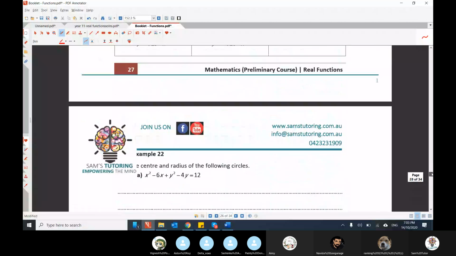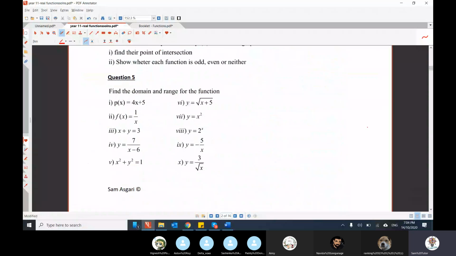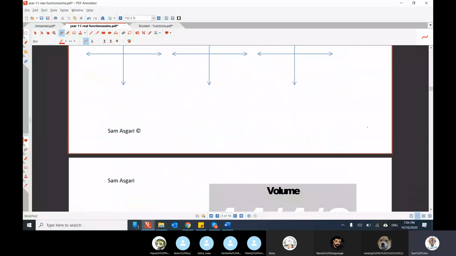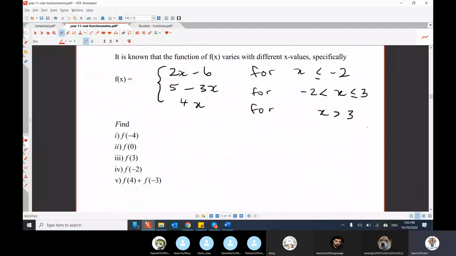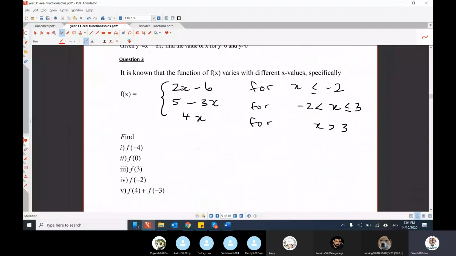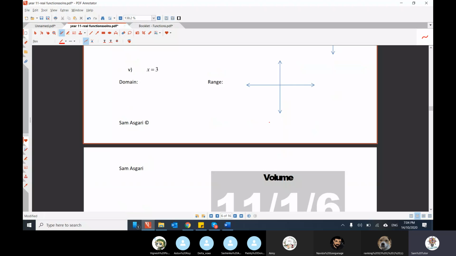I think it's done. It's just time for you guys to start practicing all this so that you can understand how to do domain and range, and function substitutions, and odds and evens.